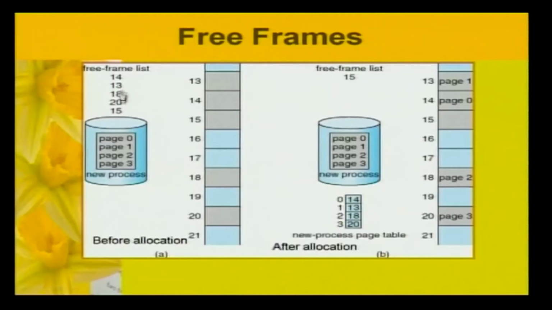The OS also keeps track of the free frames which are available. Assuming these are the free frame lists in this example, 14, 13, 18, 20, 15 are the free frames available. You can refer to the figure. It is not in order. In the figure it is 13, 14, 15 only, but the list of free frames is saved in the order in which the frames were made free.